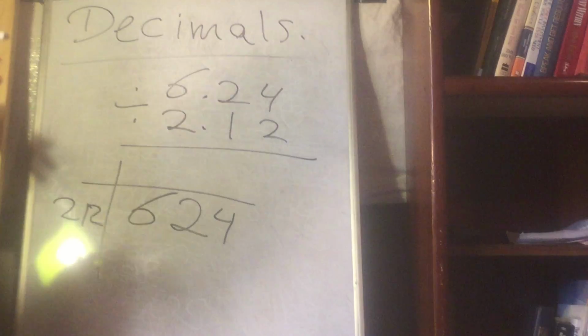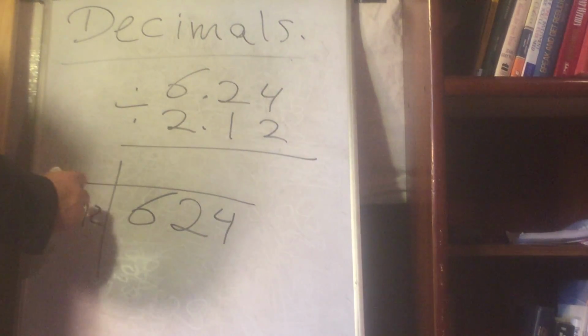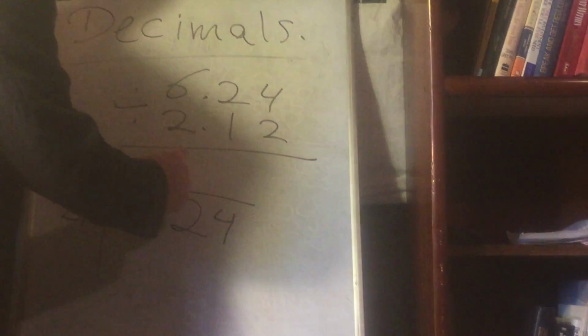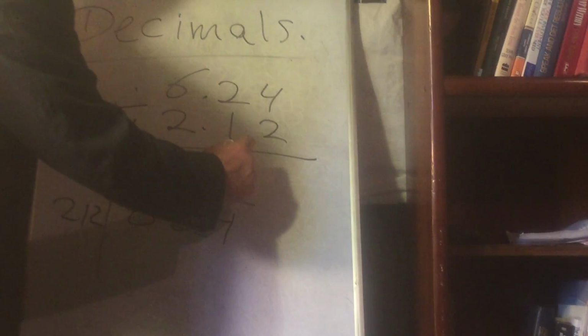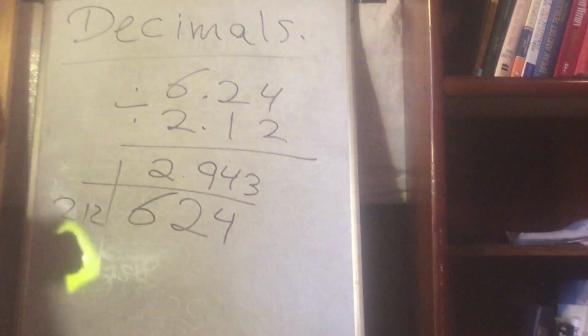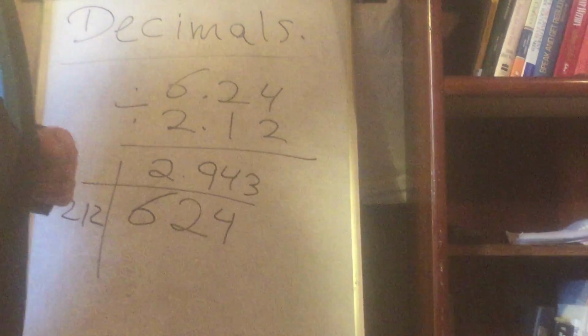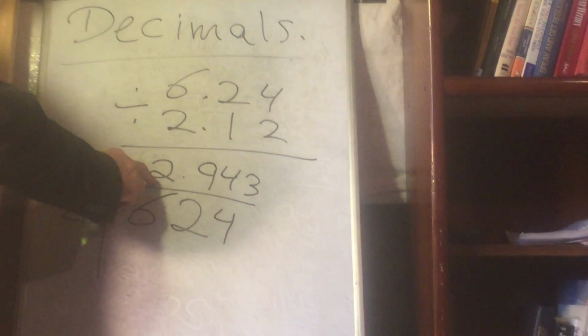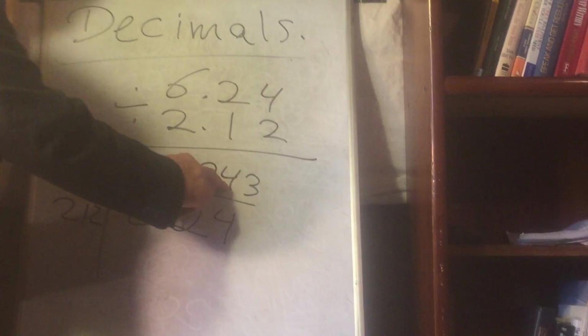If we do the actual division, it will be 2.943. I don't want to go through the division because it's a long division. You guys can do it at home, and the answer is 2.943.